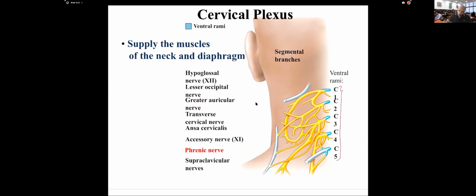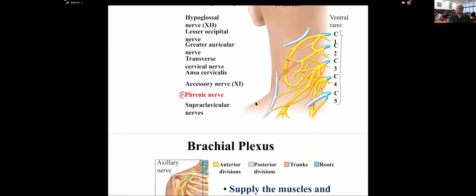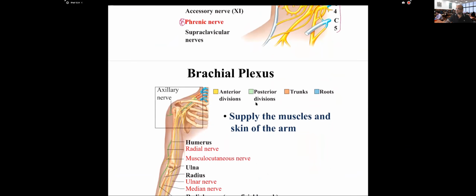Resulting from this network, we get the final nerves that send down the innervation to the muscles of the neck and the diaphragm. The phrenic nerve on here is the nerve that sends out the motor impulses to the diaphragm, responsible for the contraction of the diaphragm and respiration.